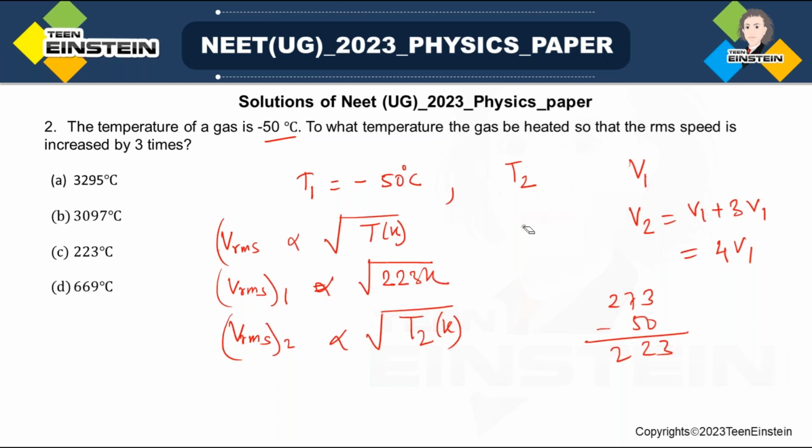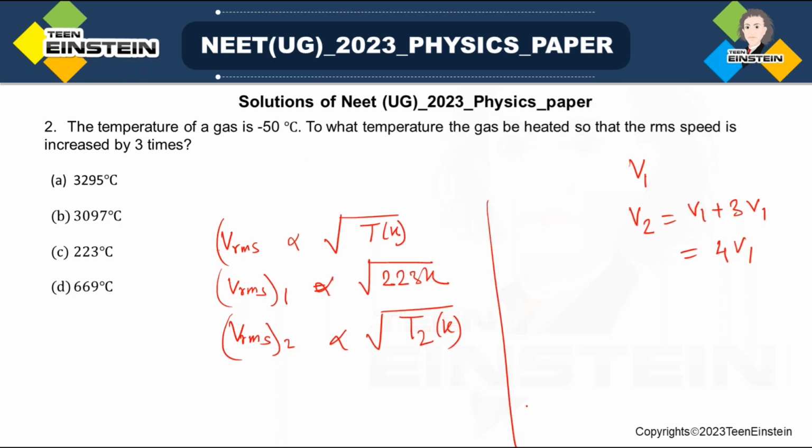Now see what information is given. It is given that if the RMS speed at T equal to minus 50 degrees is V1, then V2 will be 4 V1. We have to find out the temperature.